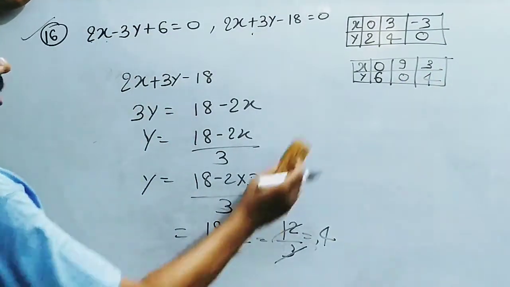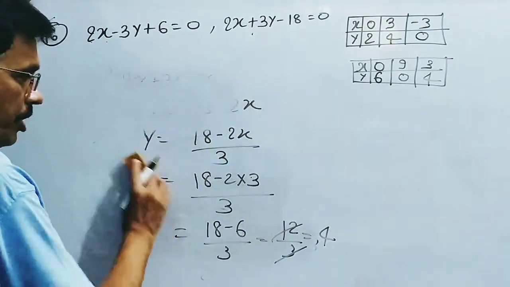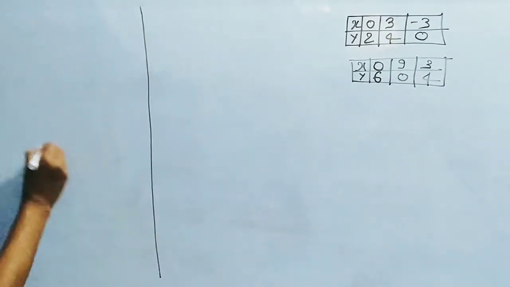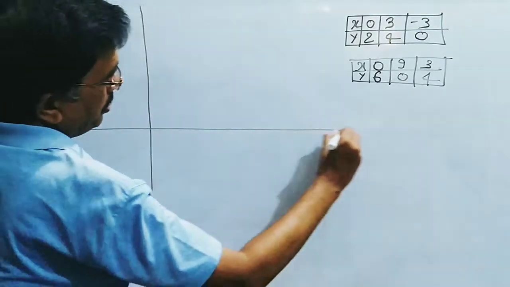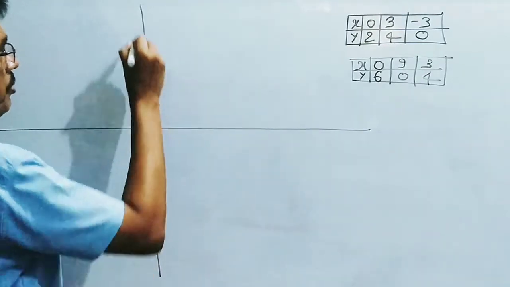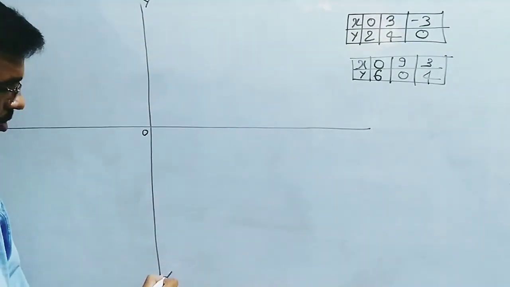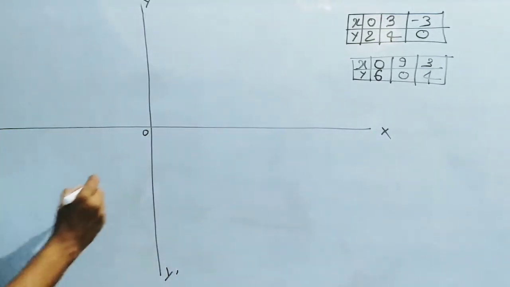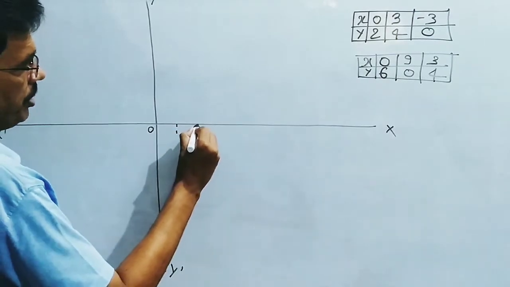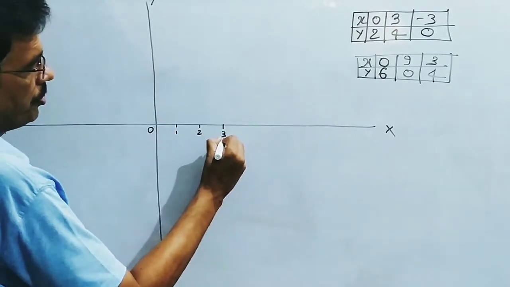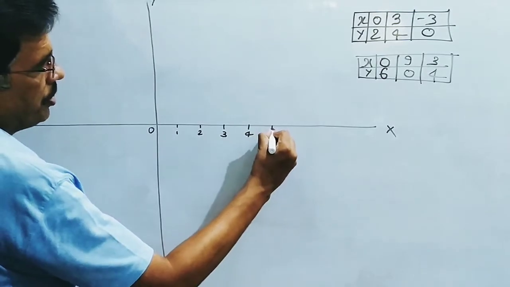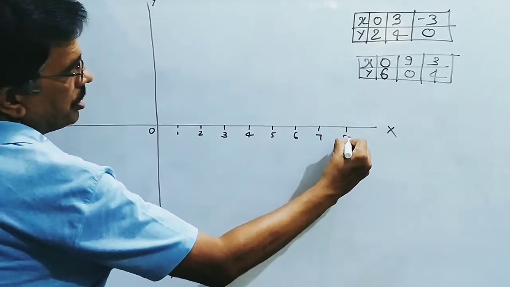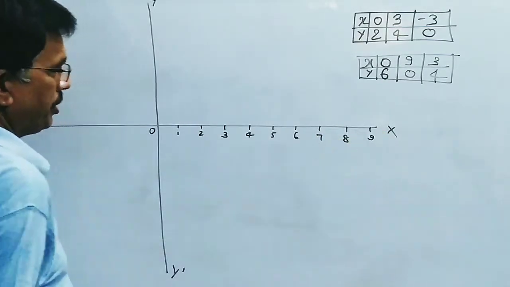Now with the help of these two tables, you draw the graph. Draw the graph like this. Here is the origin 0, it is y, y dash, x, x dash. You take one step each: 1, 2, 3, 4, 5, 6, 7, 8, 9.